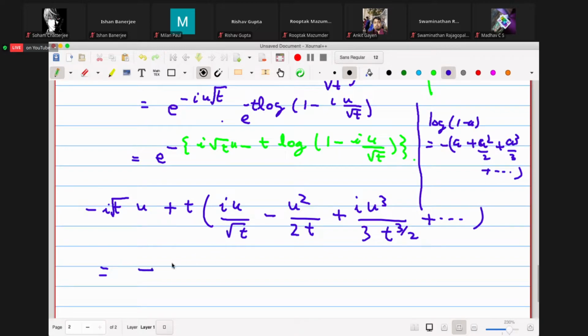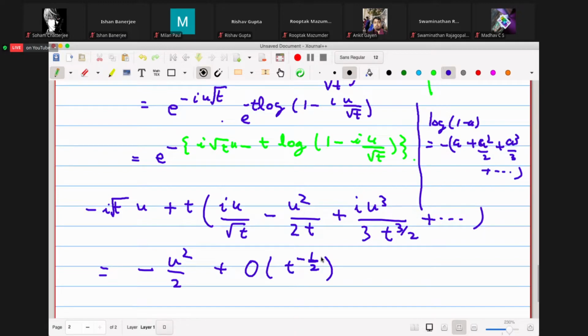So I get minus u square by 2, so this t times t, that also goes away. I get this, and then some quantity which goes to 0, so big O of t power minus half, since t power 1 by 2 is in the denominator.